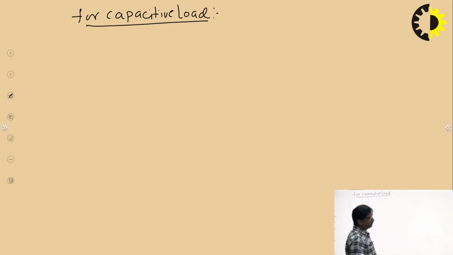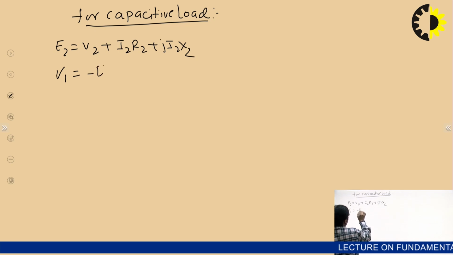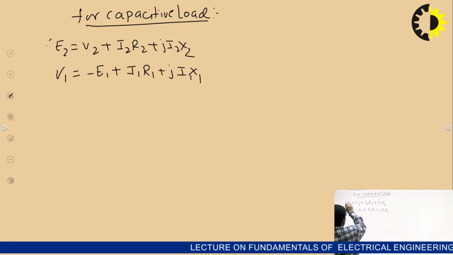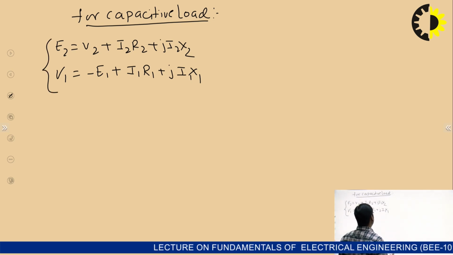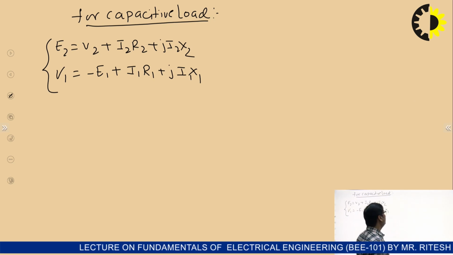The voltage equations will be the same: E2 equals V2 plus I2 R2 plus j I2 X2, and V1 will be equal to minus E1 plus I1 R1 plus j I1 X1. These are the two voltage equations. But the only difference is that the load is capacitive, in which the current leads the voltage by some angle.